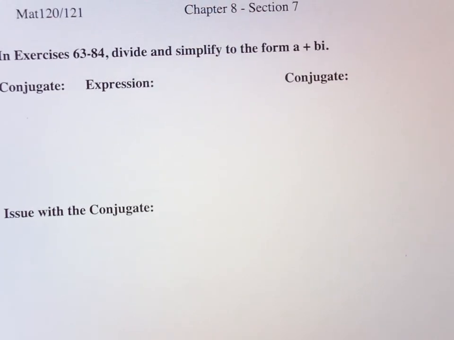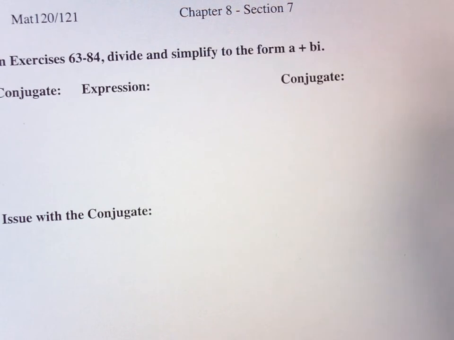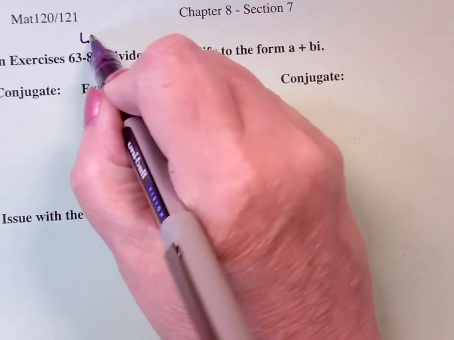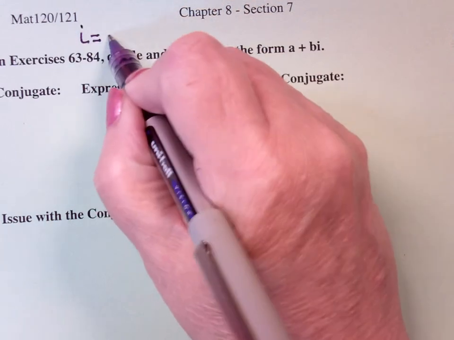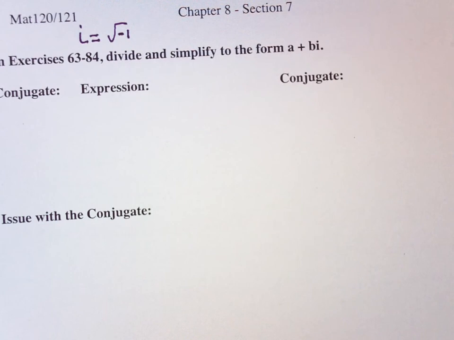One thing that we need to understand, again, what a complex number is, or what i is: i was defined to be the square root of -1. It is a radical in hidden form, but it is a radical all the same.